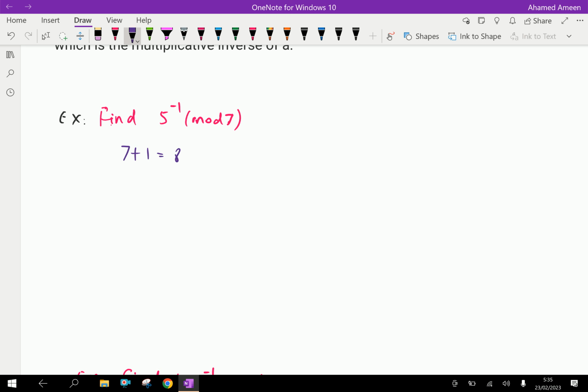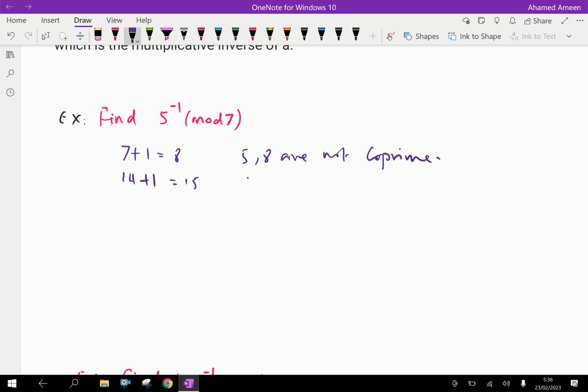Adding 1 to a multiple of m, 5 and 8 are not co-prime. The next multiple of 7 is 7 times 2 is 14, plus 1 equals 15.